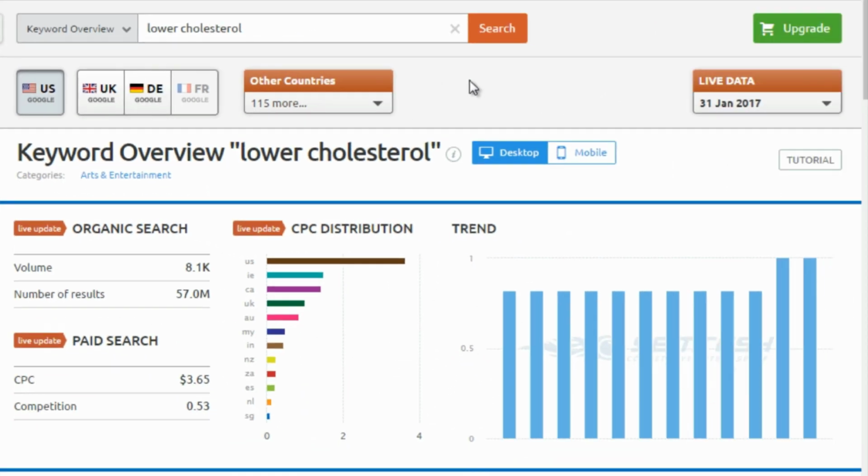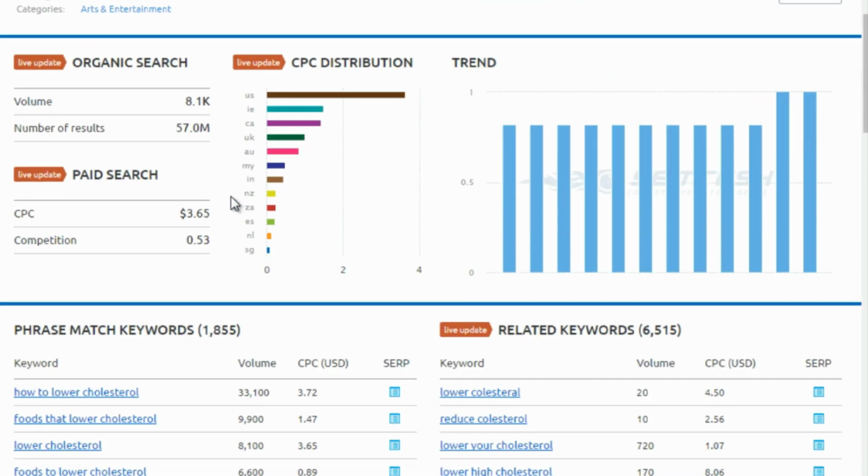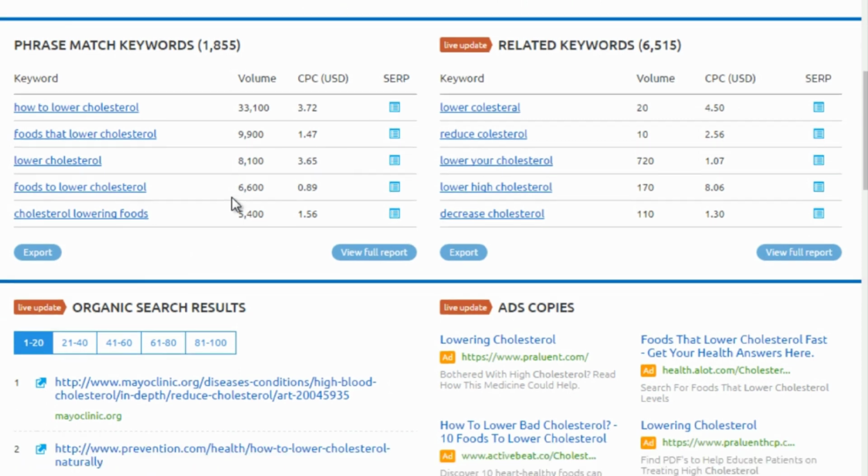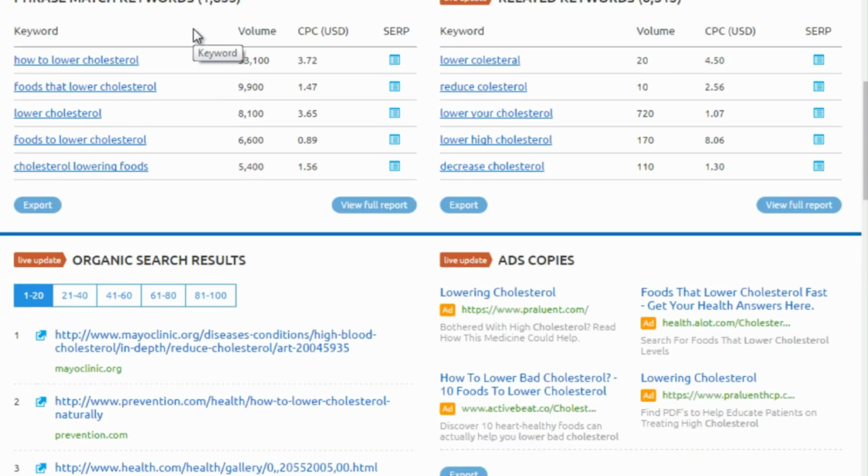You can choose countries, but I would advise choosing just one country. As we scroll down, we can see phrase match keywords. As far as lower cholesterol goes, we can see here how to lower cholesterol. We can see the CPC, or what advertisers are willing to spend.